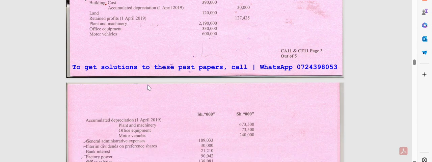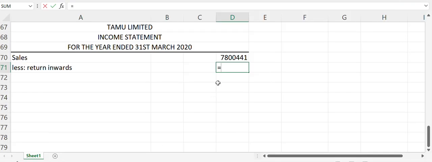So return inwards was somewhere here. Here it is, return inwards 45,318. Because it is less, let me put a negative sign there. So the net sales figure is that.